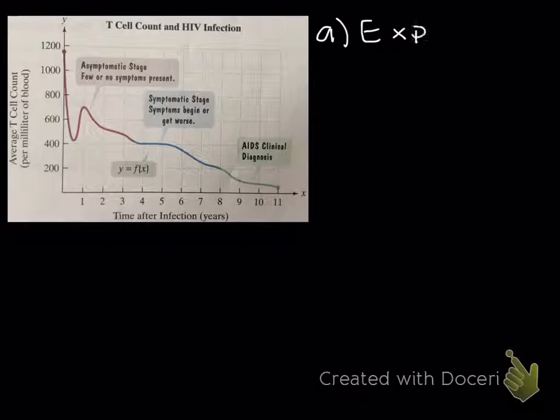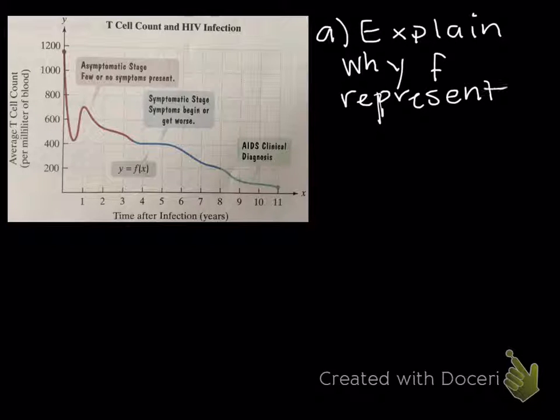So explain why f represents a function. And the reason that this is a function is that this passes the vertical line test. So notice if I were to draw a vertical line anywhere on my picture, let me change my color.